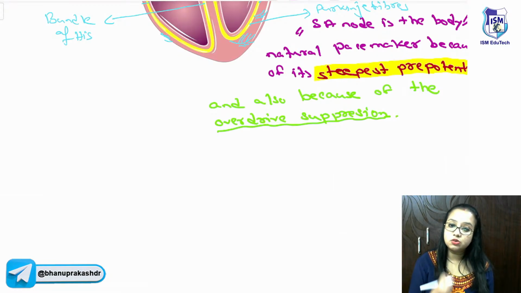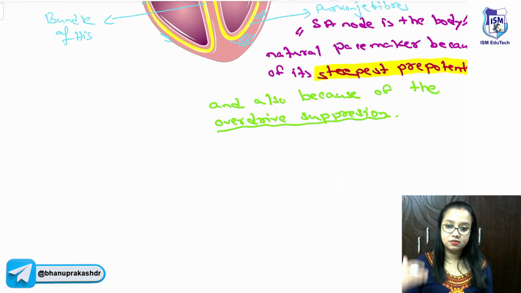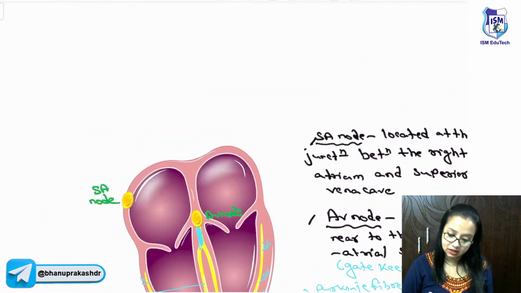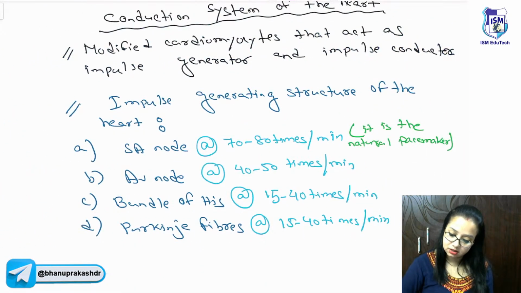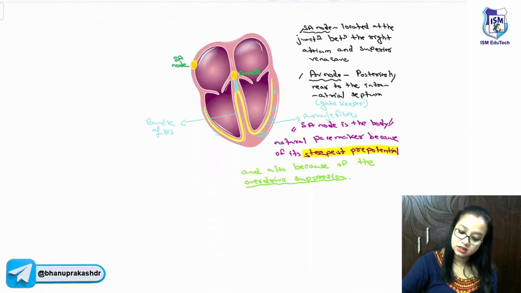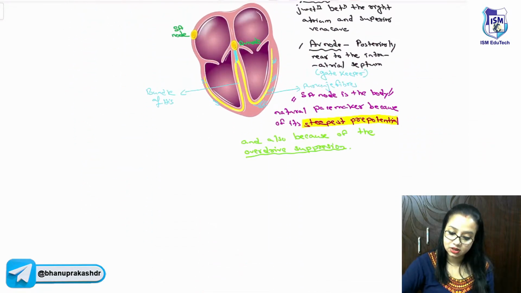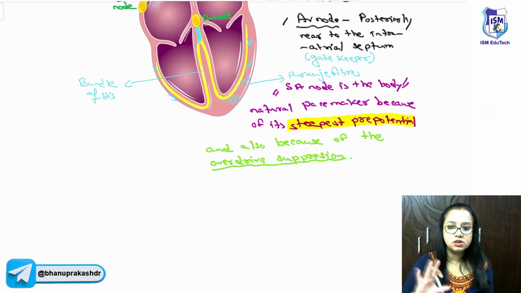When the AV node is not able to generate the impulse, still the heart does not stop beating, though the rate is very slow. Then it is the bundle of His and the Purkinje fibers that will fire at a much slower rate, but they will still generate impulses. The main target of the heart is to never stop beating. It keeps on wanting to pump blood to the circulation.